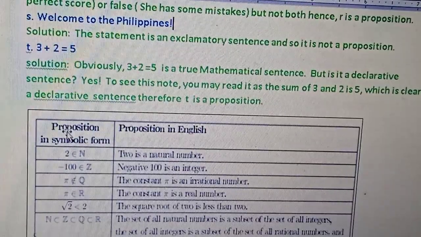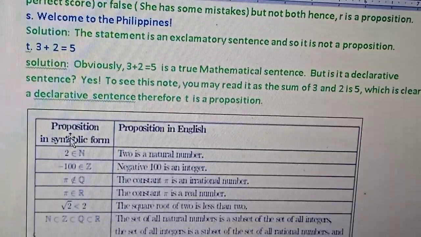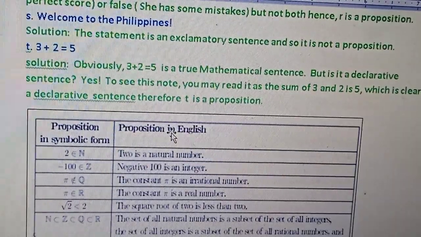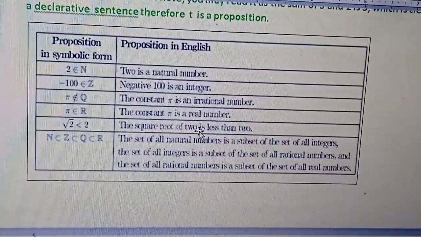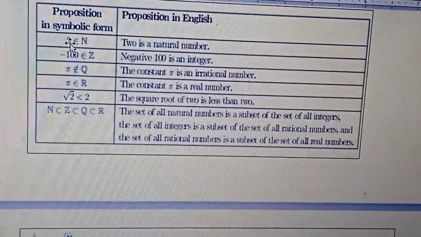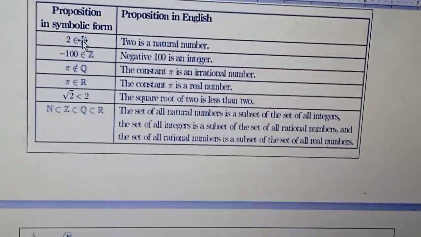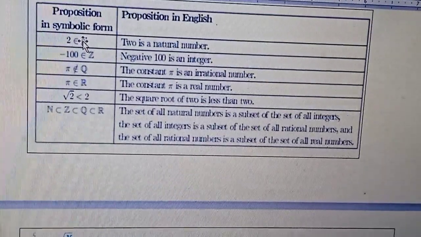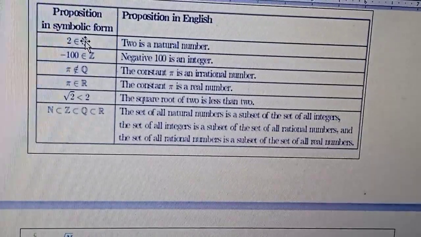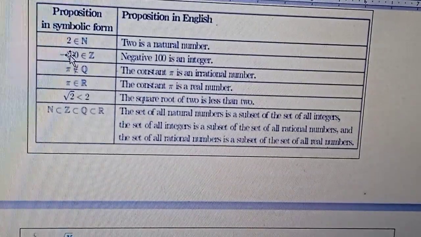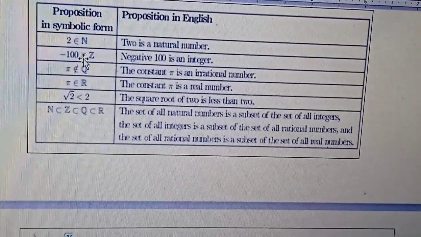We will illustrate propositions in symbolic form against propositions in English. So let's have this table. 2 is a natural number. This N is a symbol of natural number. Next, negative 100 is an integer.